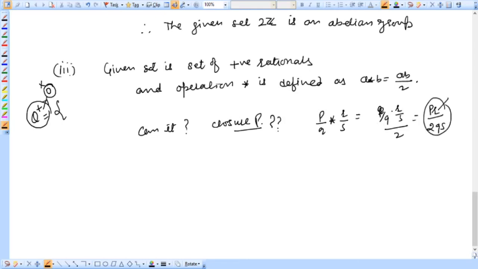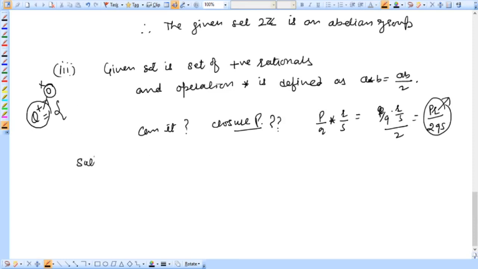Is it rational or not? Yes, obviously it is a rational number. Therefore we can say this a star b is again a rational number, thus it satisfies the closure property.